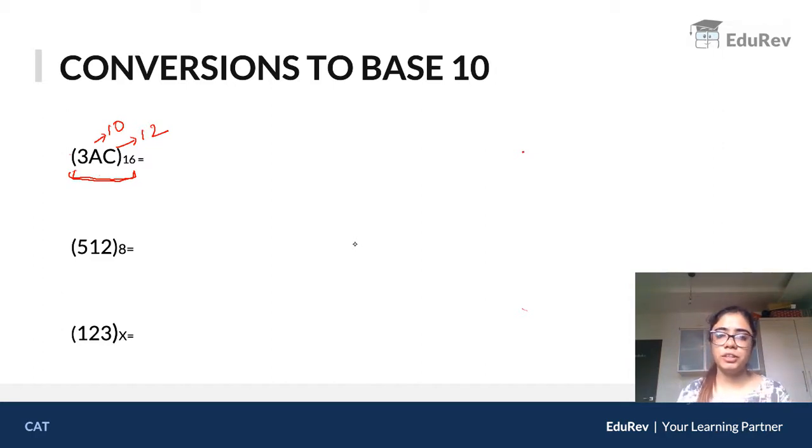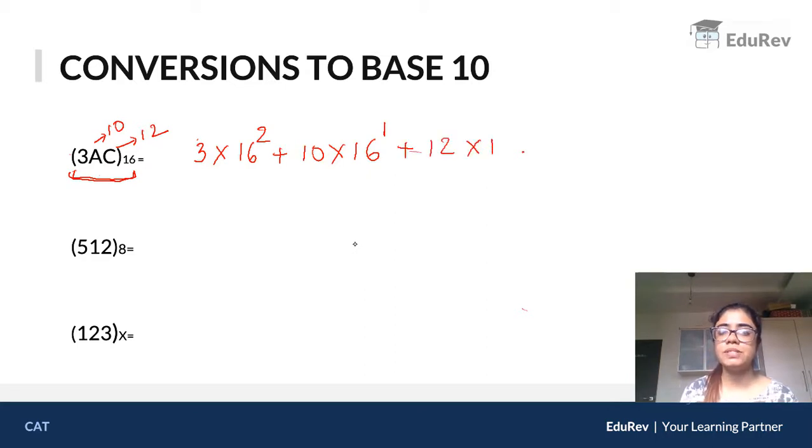It's a 3-digit number. So what will I do? I'll write 3 into 16 square because your base is 16. Plus A will be written as 10 and that will be into 16 raised to 1. Plus C is what? C is 12 into 16 raised to 0. Okay?